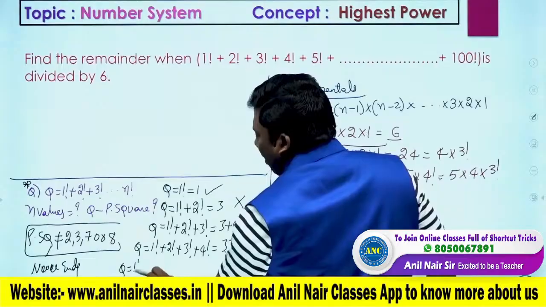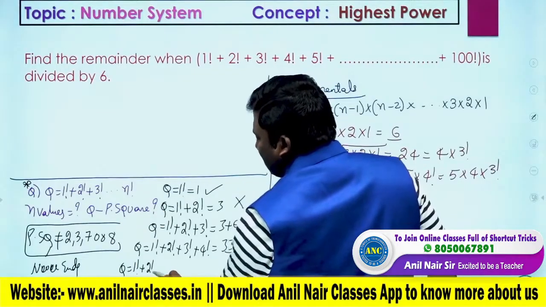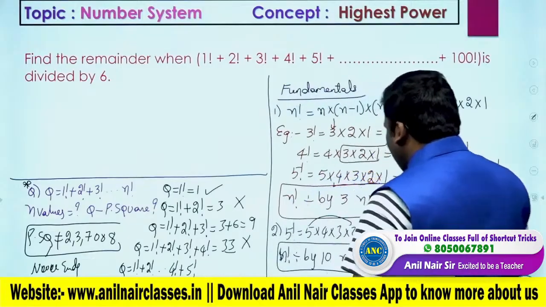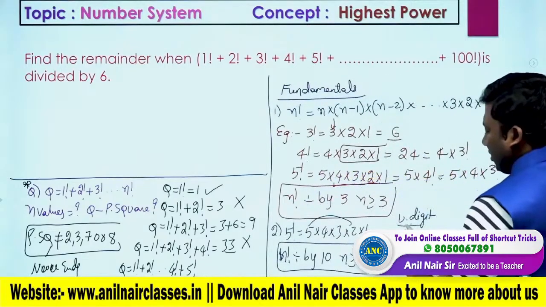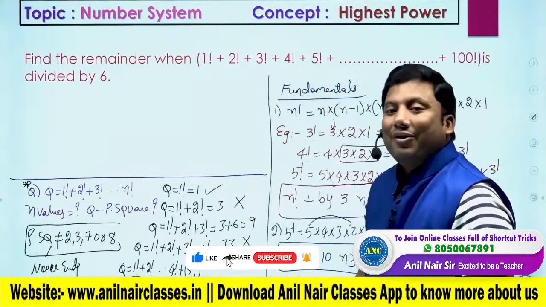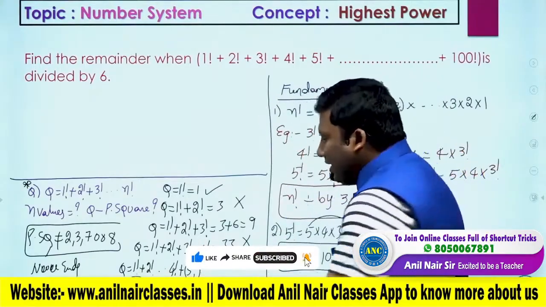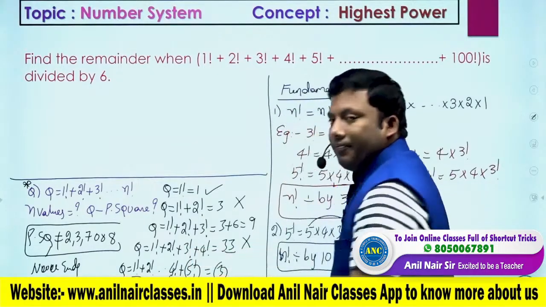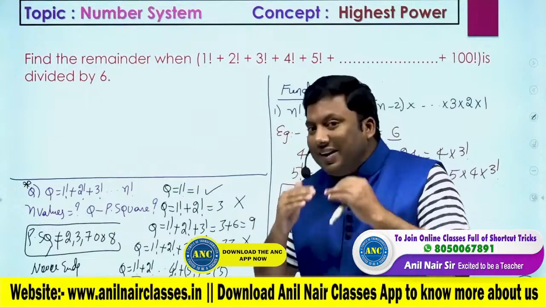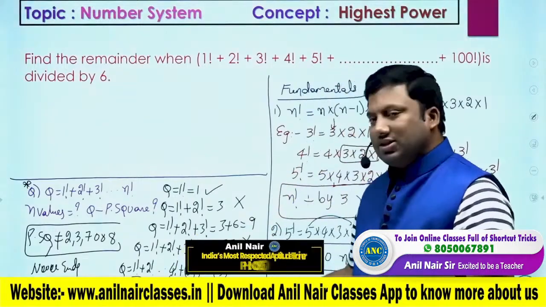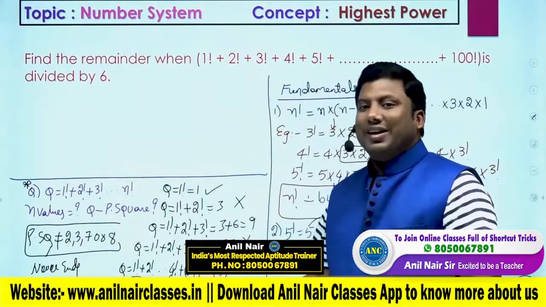5 factorial onwards, what did we discuss? Till 4 factorial, then 5 factorial. What is the unit digit of 5 factorial? 0. The sum of 1 to 4 factorial has unit digit 3, and 3 plus 0 is 3.